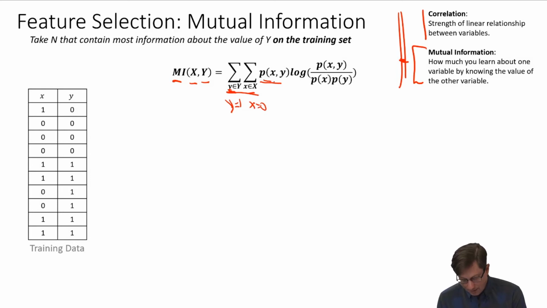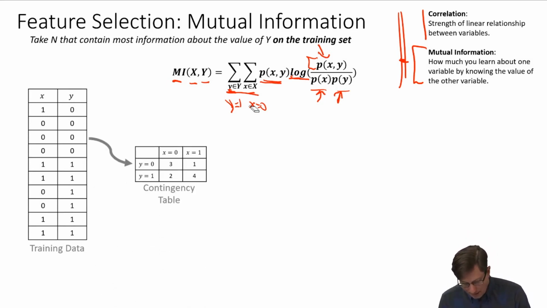And then you do this calculation of a log, which is the log of the probability of them occurring together divided by the probability of each independently. If you think about it, this is the joint occurrence, and these are the independent occurrences. So it somehow relates all of those elements and how they work together. And that's what spits out a score that lets you know how much you can learn about y when you know x, and I guess vice versa.